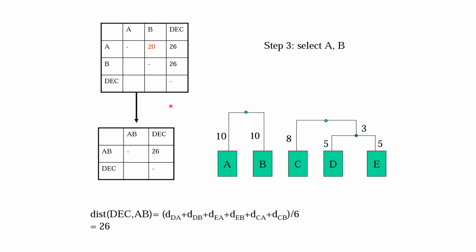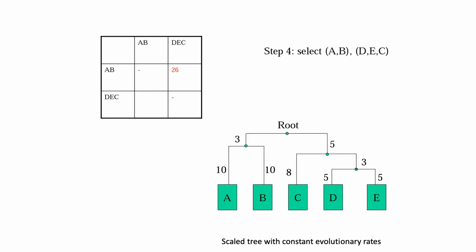So now after merging the matrix, what we have left is AB merged and DEC merged. So merging these values, we just have 26. So the total distance of the whole tree would add up to 26.